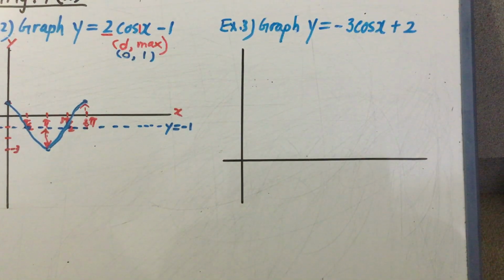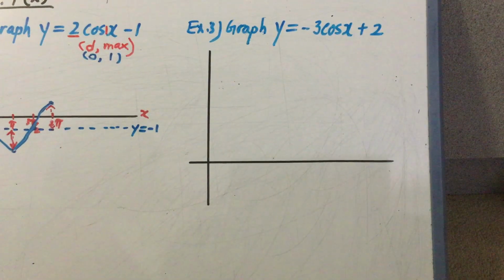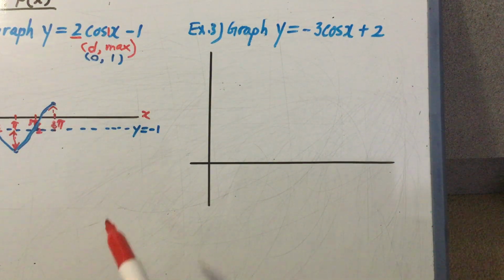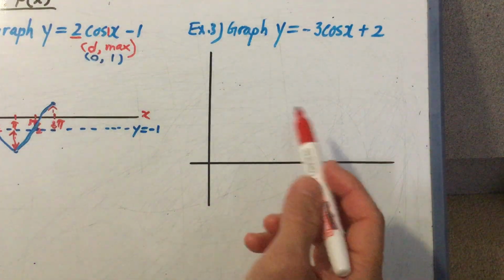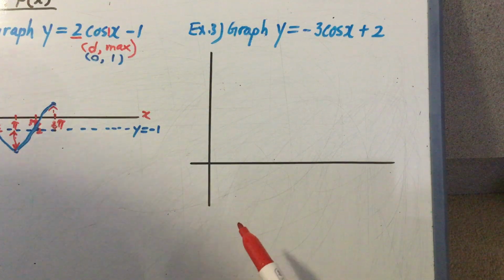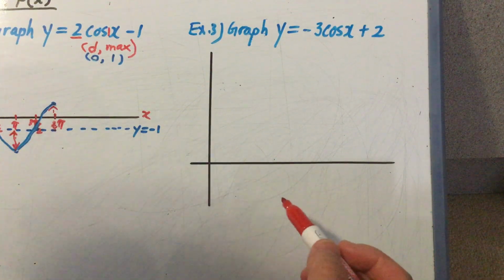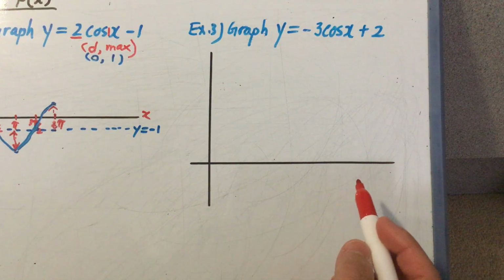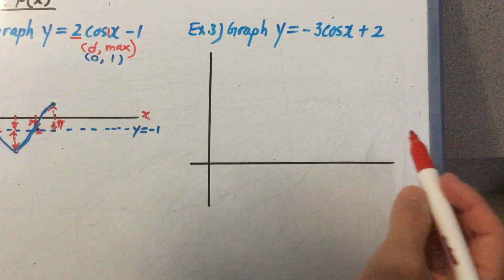And let me just do one more, okay? One more, because this one has the amplitude that is equal to the negative. So I want to show you how some of the things might get changed, okay? So right now, let me just do my little details up here, okay?